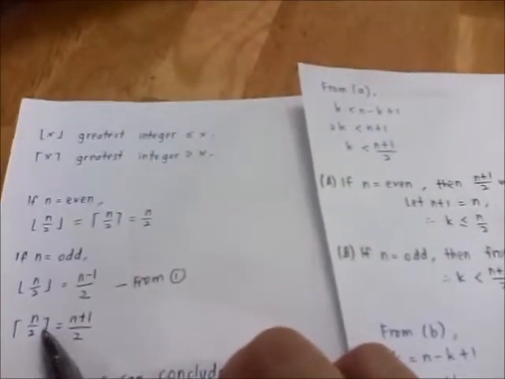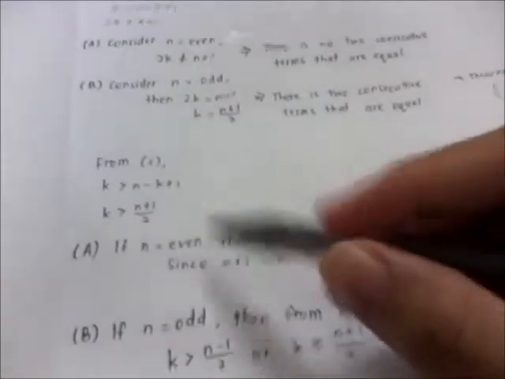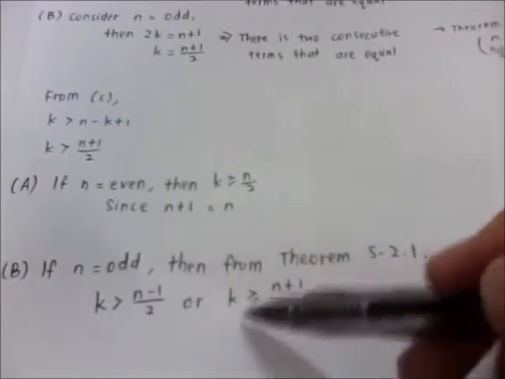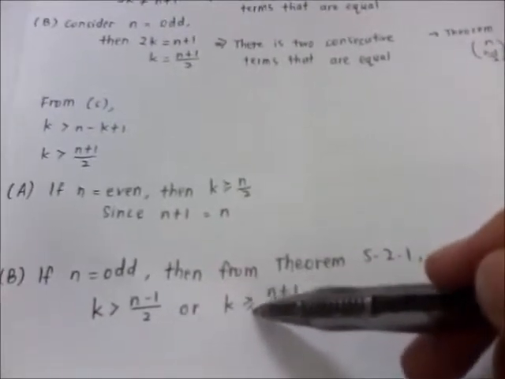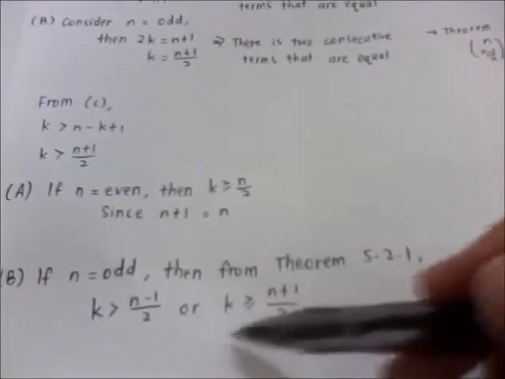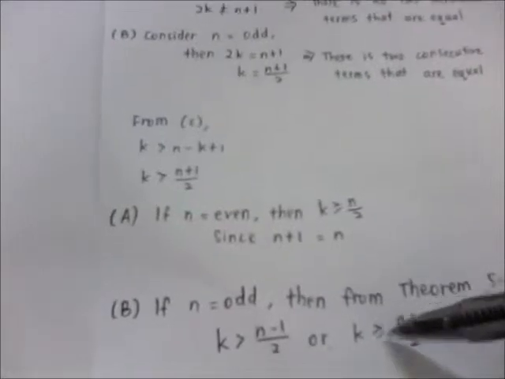So what about the ceiling of n over 2? The ceiling of n over 2 is equal to n plus 1 over 2, and we can get it from C just now. If n is odd, then from theorem 5.2.1, we can see that k is bigger than or equal to n plus 1 over 2. This is the concept of ceiling that we want to use. Let's look at the definition again.